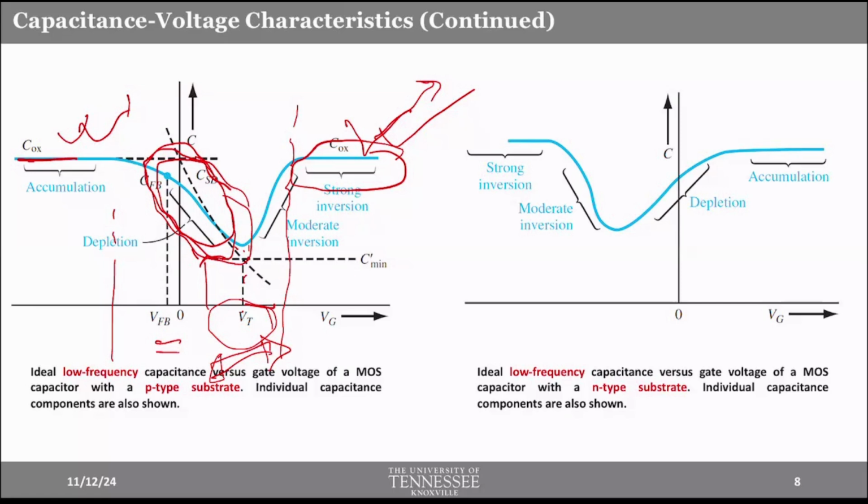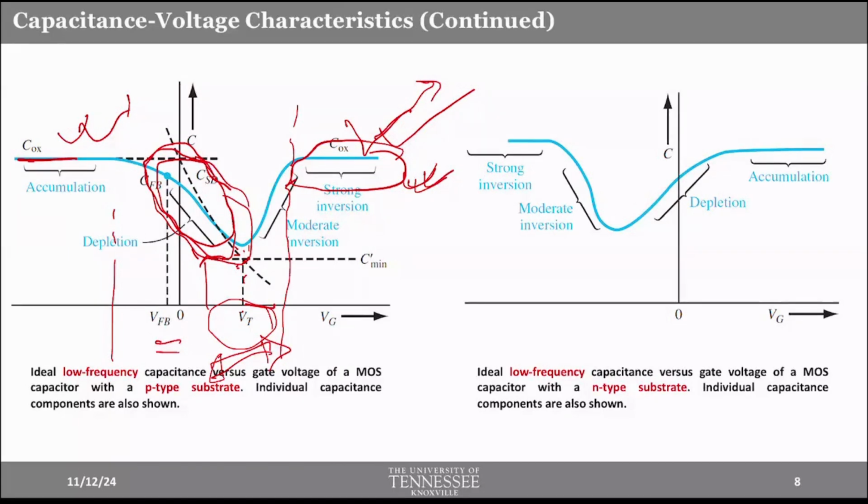And we can actually calculate it. From this point on, the capacitance catches up with the oxide capacitance, because the depletion region capacitance does not contribute much and the capacitance begins to increase.